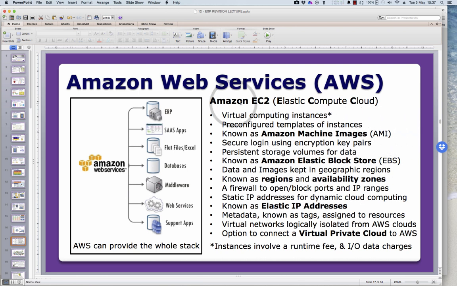Here, Amazon EC2 has virtual computing instances, pre-configured templates of instances. So this is like a small IT system server that you can run a VDI file on immediately, or they call it an Amazon Machine Image, and you can run that up very quickly.